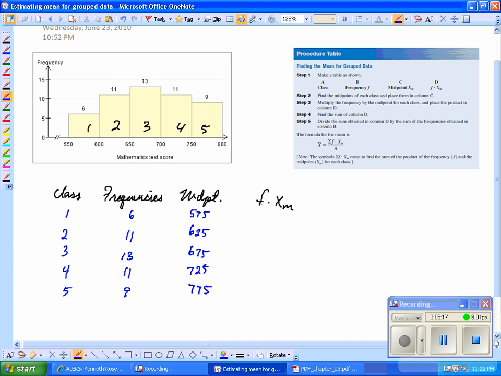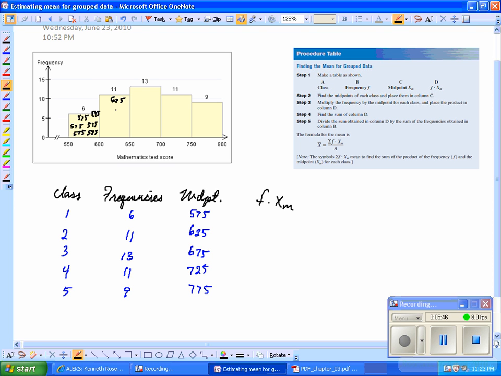Next thing we're going to do is go f times xm. And to keep this straight in your head, how do we know to do that? Because remember what I said when I was explaining this, that in here, we don't know what these 6 students actually scored. So I'm just going to say that all 6 of them scored 575s. So it's like I have a list and there's 6 575s in that list. There's 11 625s in here.